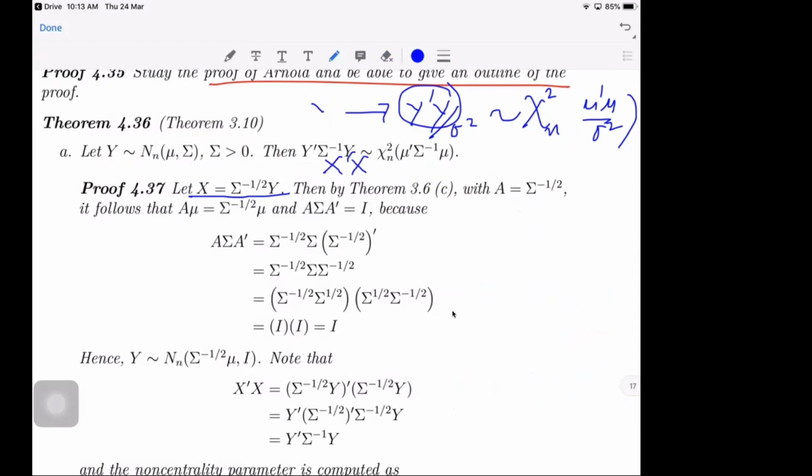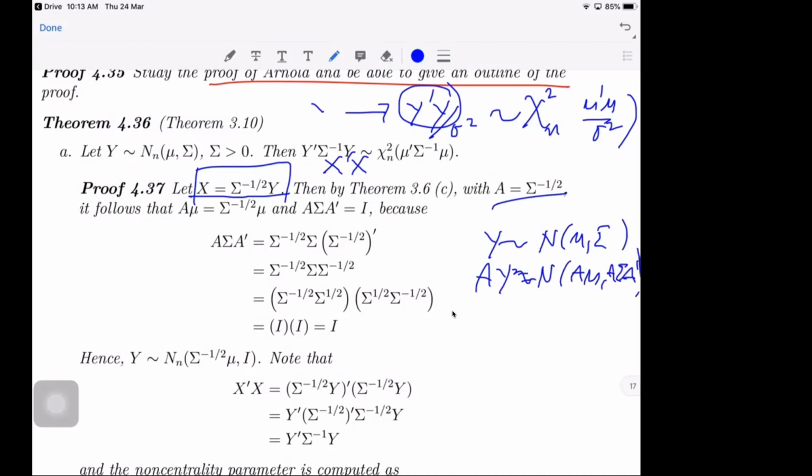So in this particular labeling, A is the matrix, di ba? Y is distributed with mean mu and variance sigma, so you look for A y, that is A mu, then A sigma A prime, no?